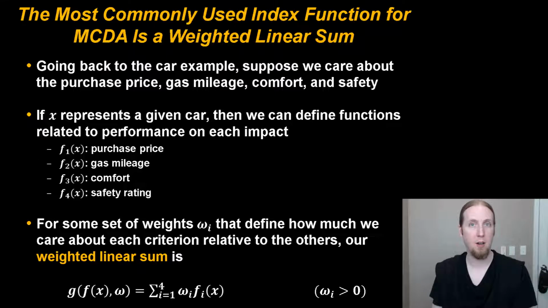It's a function of all of the metric functions f for a given solution x. For this example, we're assuming that all of our performance functions f are something that we want to maximize, so that a higher score is better. And so that's why we are specifying that all of our omega weights attached to each of the performance metrics is positive. So that way, when we're adding them up, a larger weighted linear sum is better.